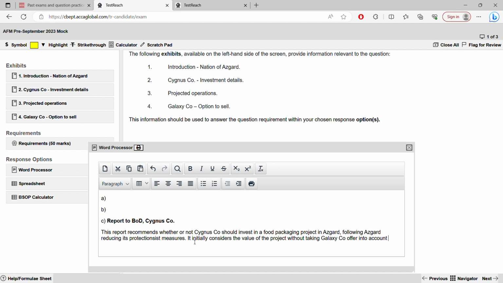You see, you are not writing whether you have calculated net present value or nothing like that. Whatever the requirement told you. The requirement told you to calculate the project before and after Galaxy company's offer. So you are also going to write in the report, you are going to calculate without and with the Galaxy company's offer and additional business risk. Okay, very simple. So it initially calculates the value of the project without taking Galaxy company's offer into account.